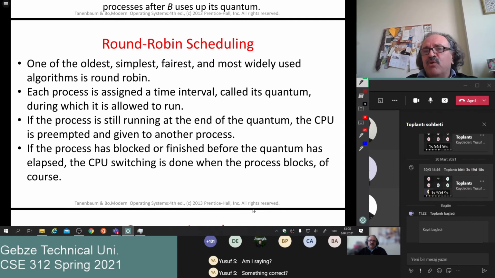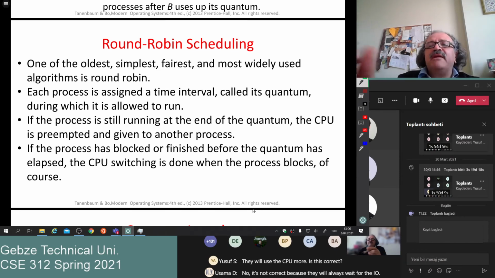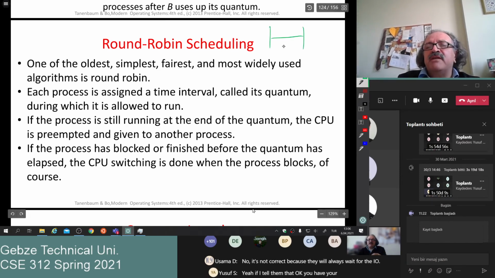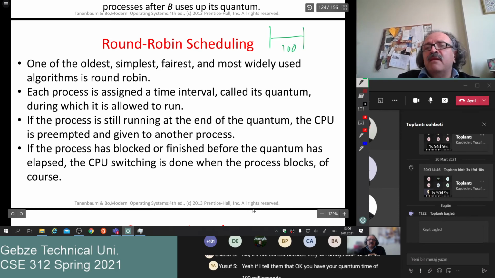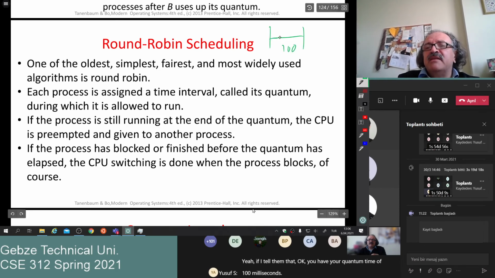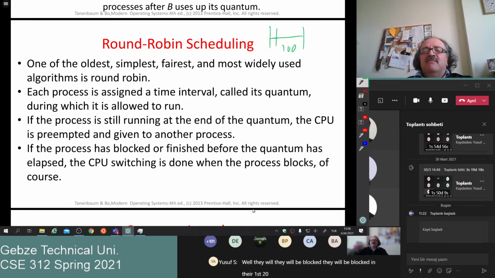If I give more quantum time to interactive processes or I/O bound processes, they will use the CPU more. Is this correct? No, it's not correct because they will always wait for the I/O. If I tell them that you have your quantum time of 100 milliseconds, they will be blocked in their first 20 milliseconds because they need some data from the hard drive.